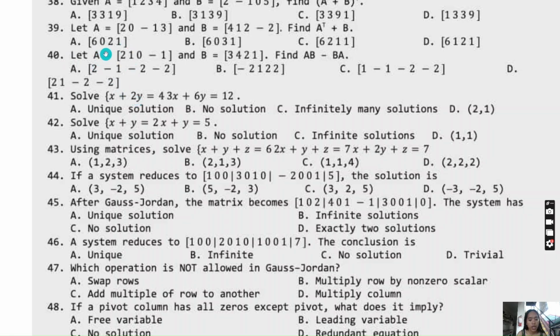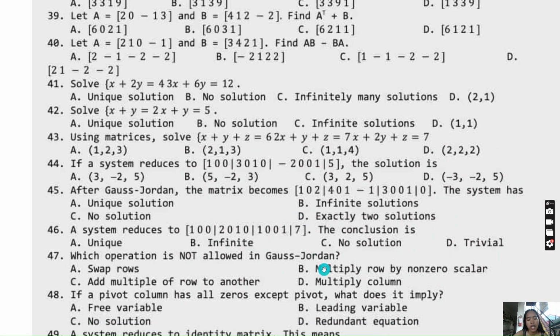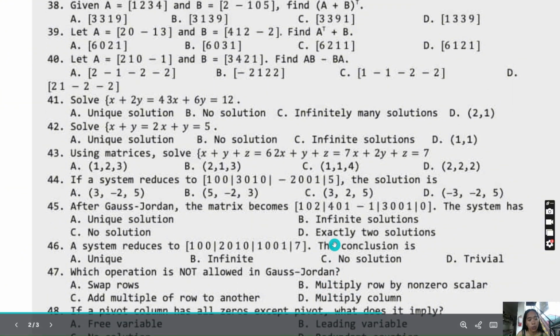Because let's find first the transpose of A, which is 2 negative 1 0 and 3, and then add it to matrix B. So the answer would be 6 0 2 1.